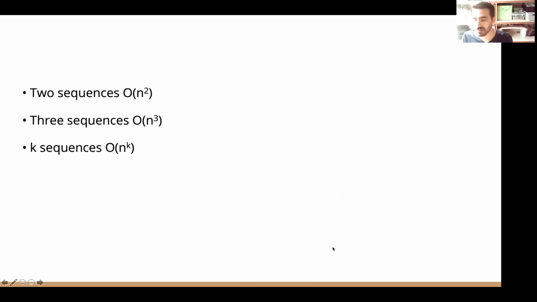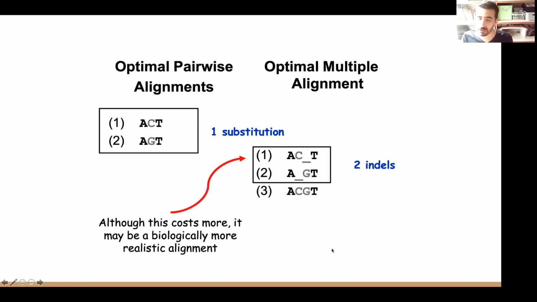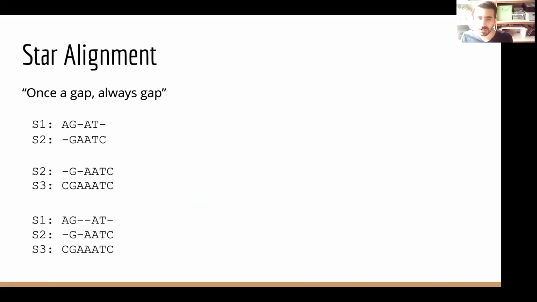And I would like to show you how to decrease this complexity and how algorithms deal with that. So there are some sort of inexact approaches, okay? I will skip that and I will come to star alignment. The star alignment strategy chooses a center sequence in the middle.